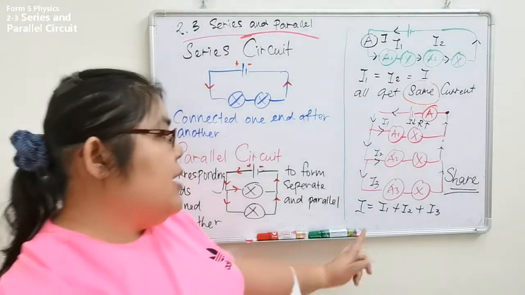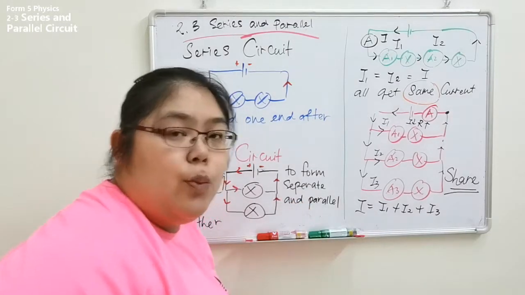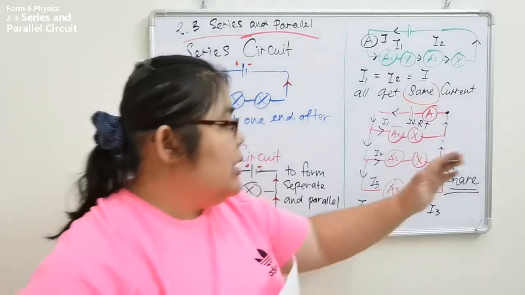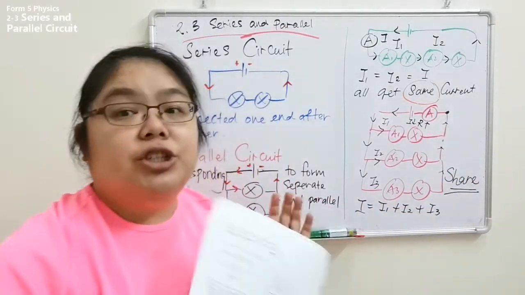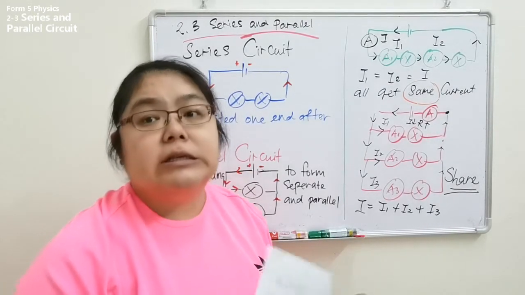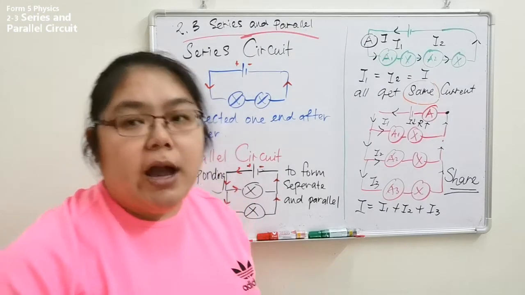So from here we find total current equals I1 plus I2 plus I3. The important keyword is share. They need to share the current in a parallel circuit. In a series circuit, they do not need to share the current.